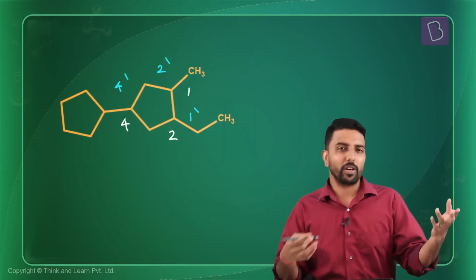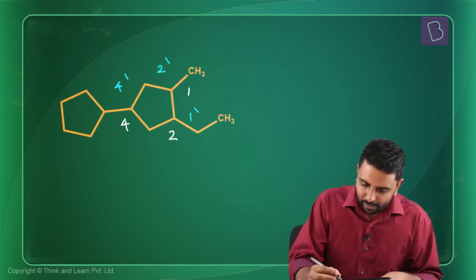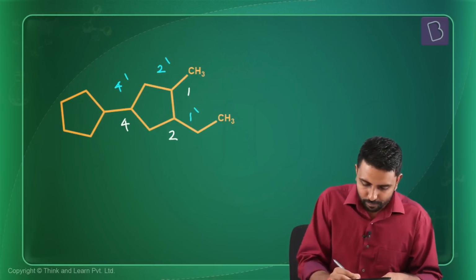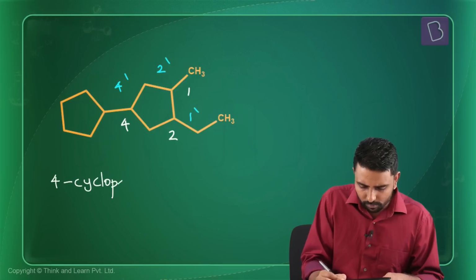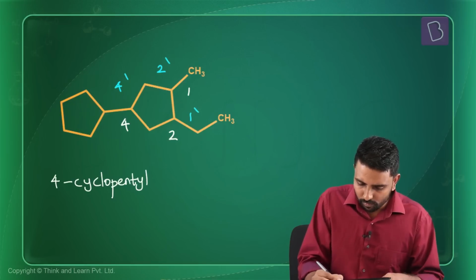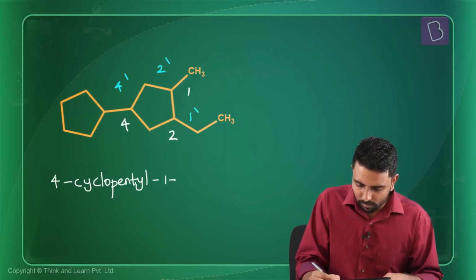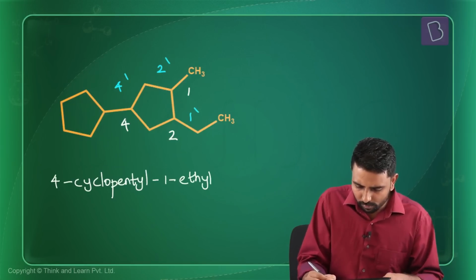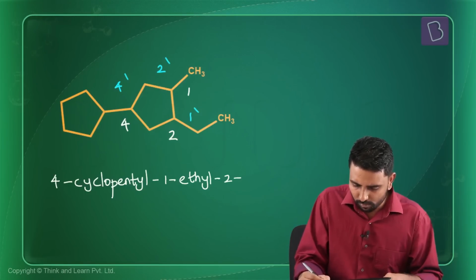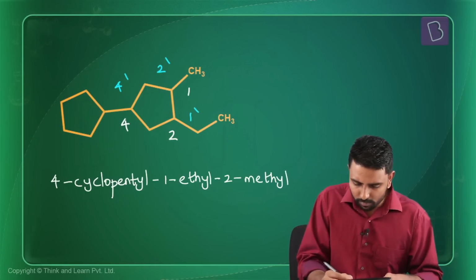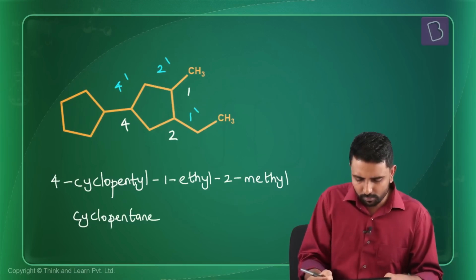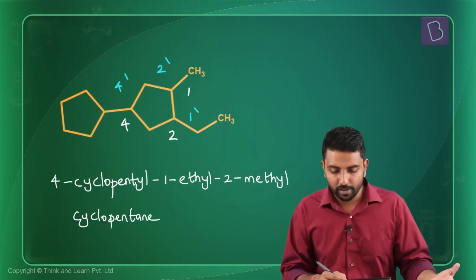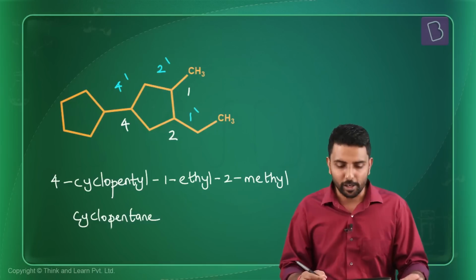This is where the alphabetical order comes into the picture, and thus this is going to be named as cyclopentyl, 1 ethyl, 2 methyl cyclopentane.